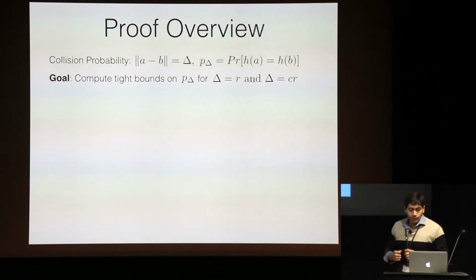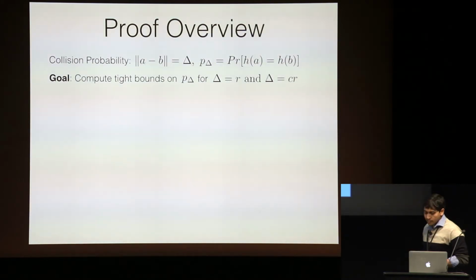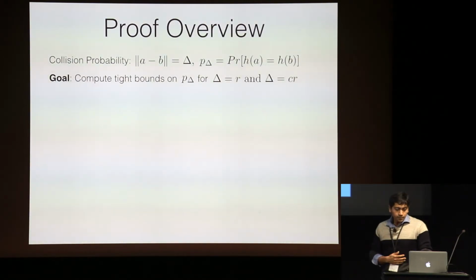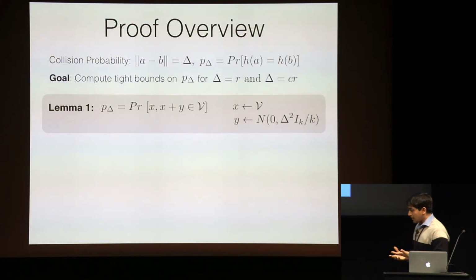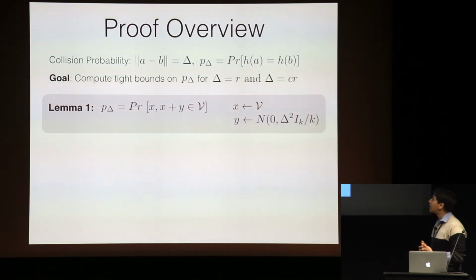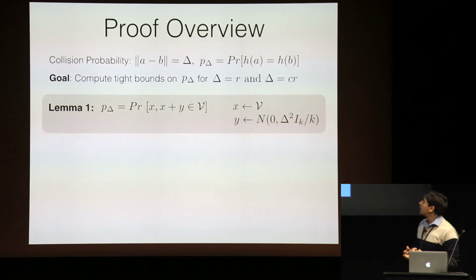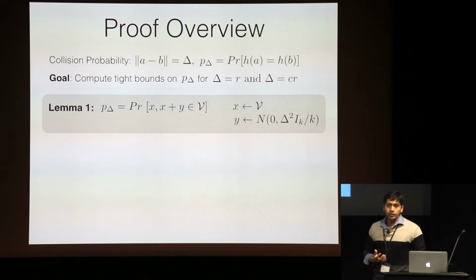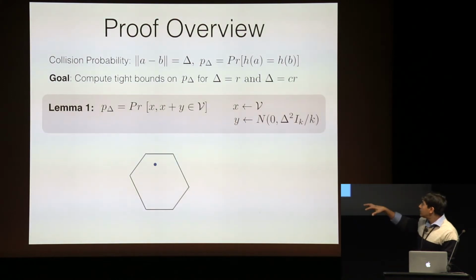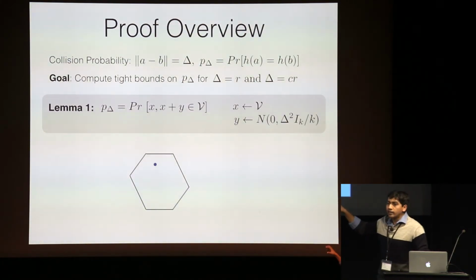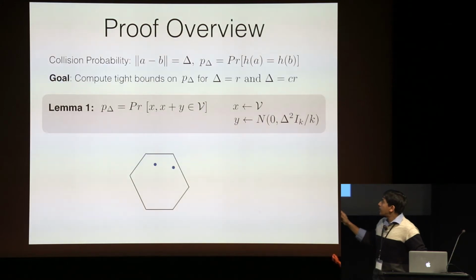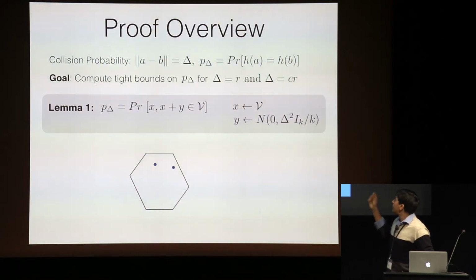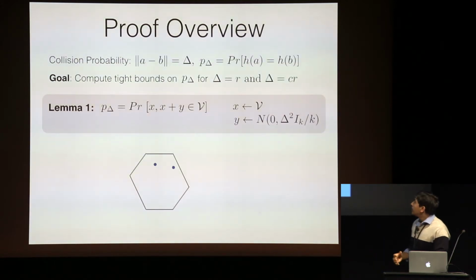Just from the definition of our hash function, it turns out that this collision probability is exactly equal to the probability that a randomly chosen point in the Voronoi cell of a lattice remains in the Voronoi cell after a Gaussian perturbation of variance, let's say, delta squared over k. And this is the quantity that we wanted to understand.